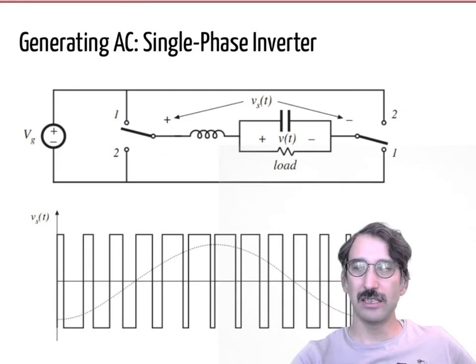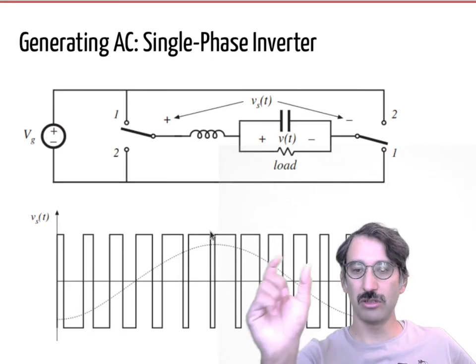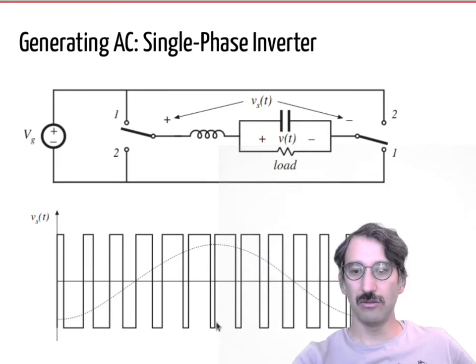If they are at position 2, I am applying a negative voltage. By changing the duty cycle, here you have a large negative voltage and a smaller positive cycle, and then they are going up, and on the other hand you have here a high portion of positive voltage and a low portion of negative voltage.